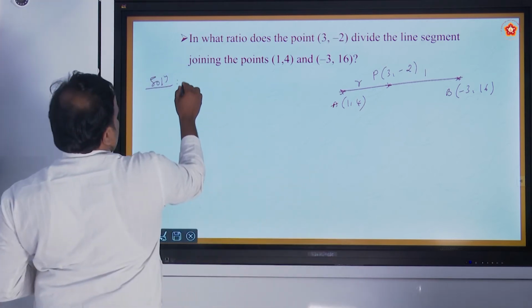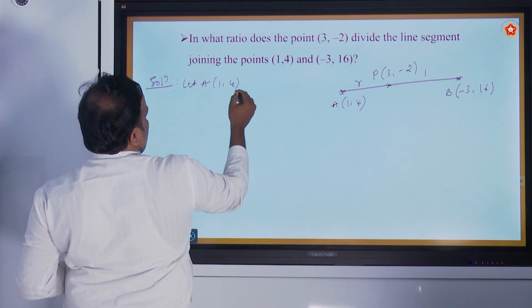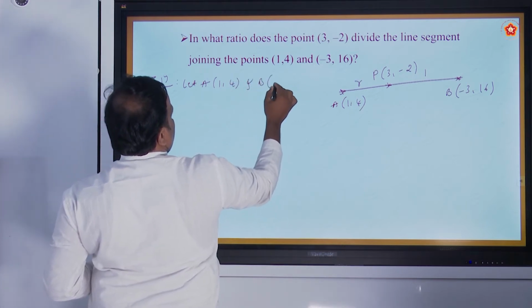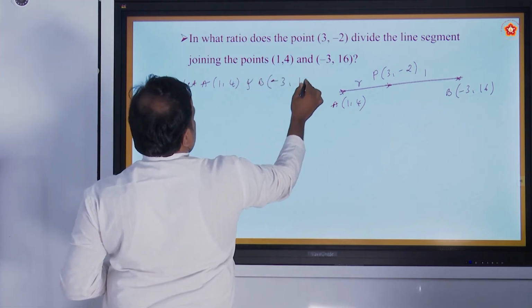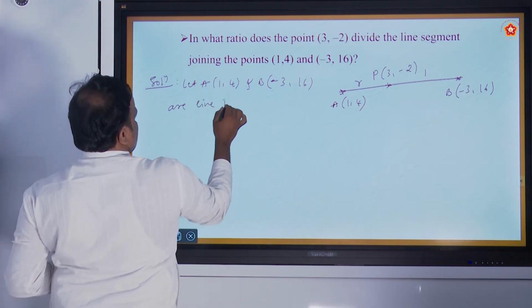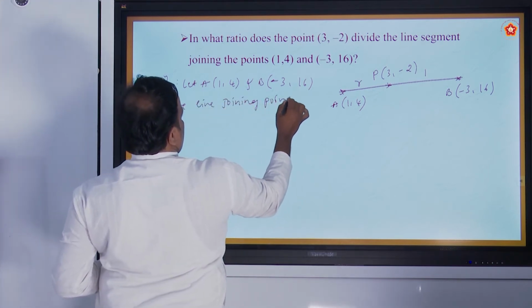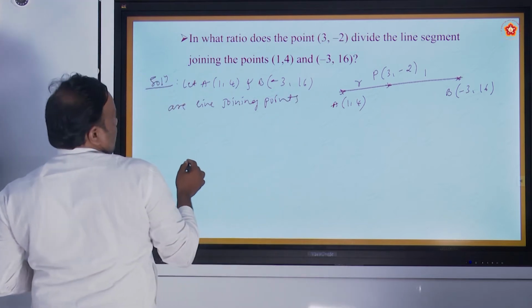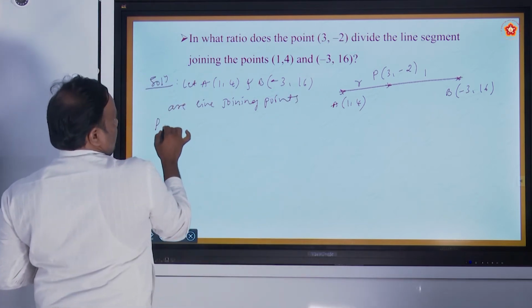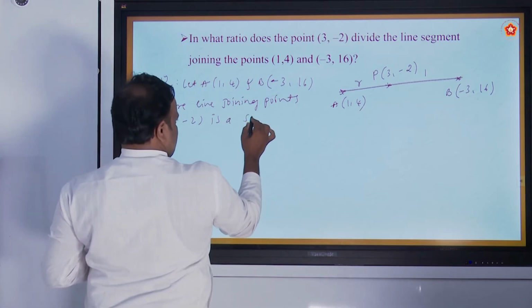Let A, what is the A point? A is 1 comma 4 and B is minus 3 comma 16, the line joining points. Point P (3, -2) is the section point.